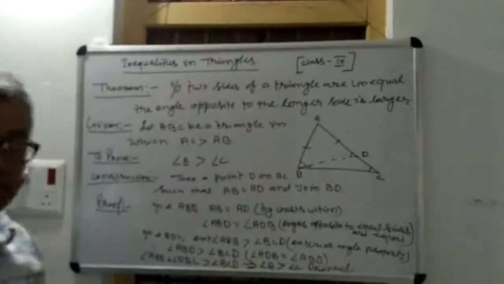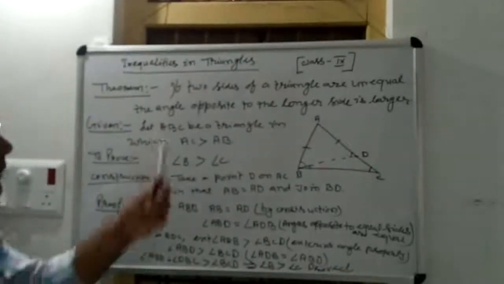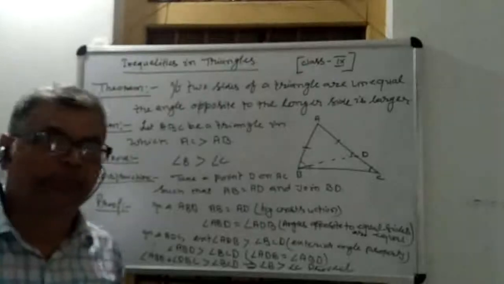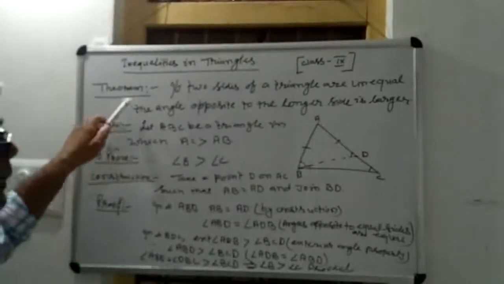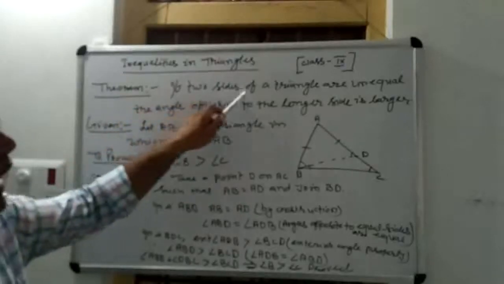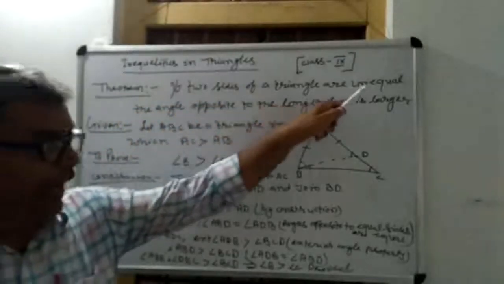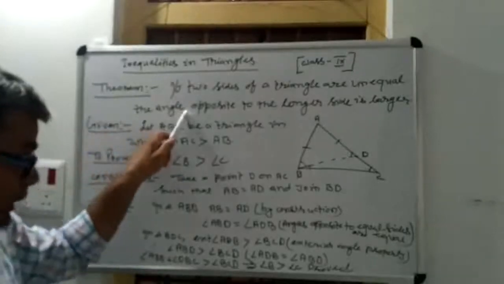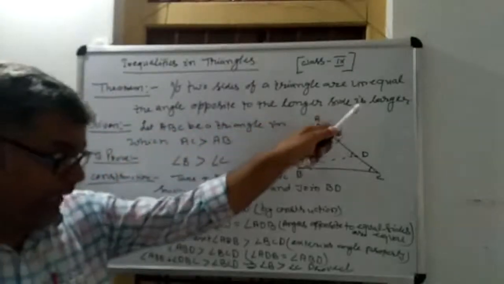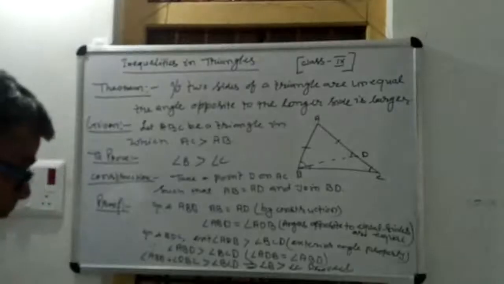In this way, children, this result has been proved. So what was the result? The result was that if two sides of a triangle are unequal, the angle opposite to the longer side is larger.